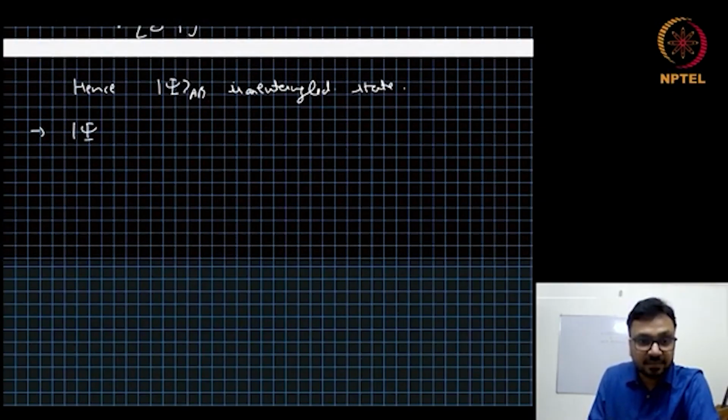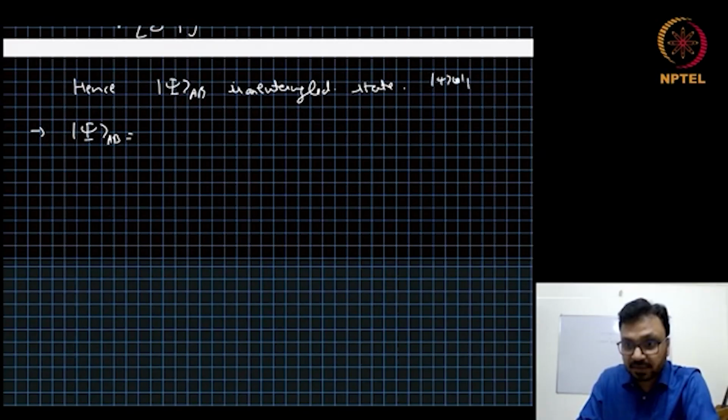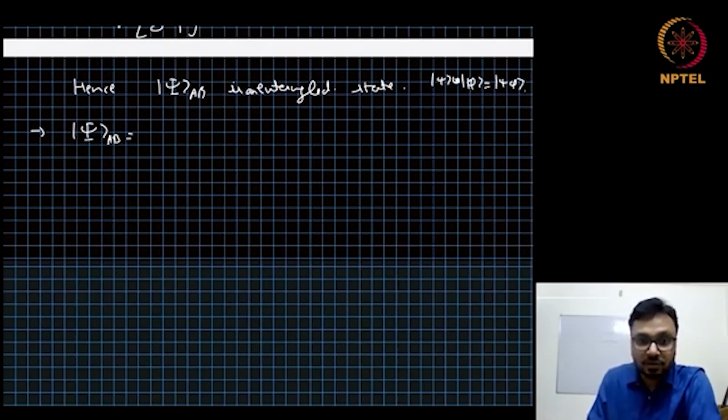Let us say psi AB is 0, 0, 0, 1, 1, 0, and 1, 1. For shorthand, from now onward, we will most often be representing psi tensor phi as psi phi.